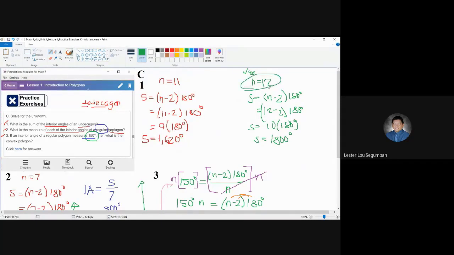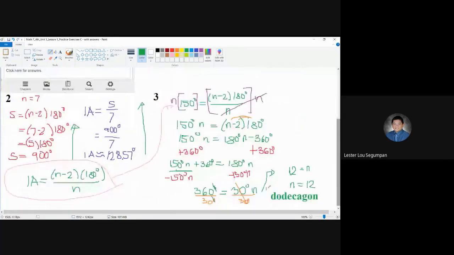And let us try to determine if it's a regular dodecagon. By the way, it should have a statement here that it's regular. I forgot to place it here. A regular dodecagon.